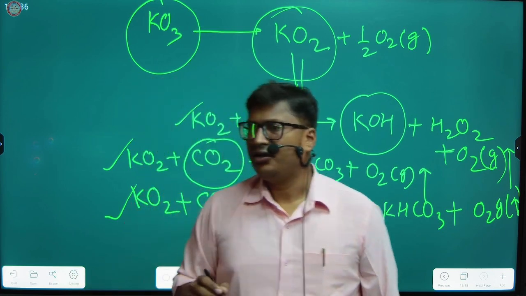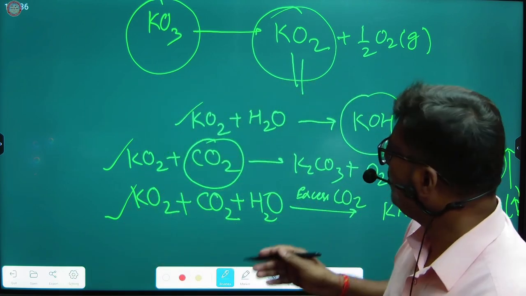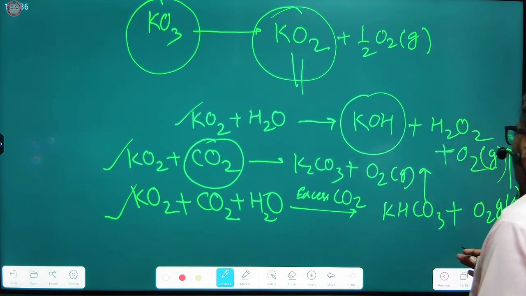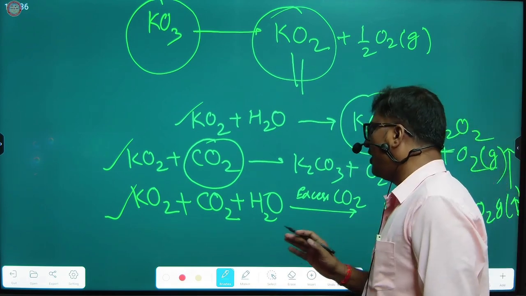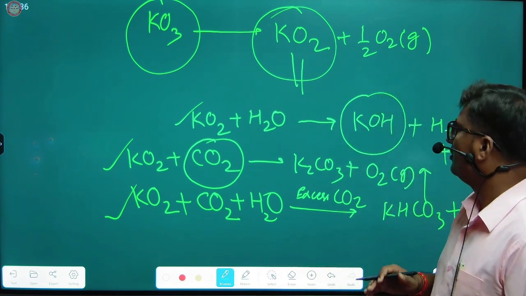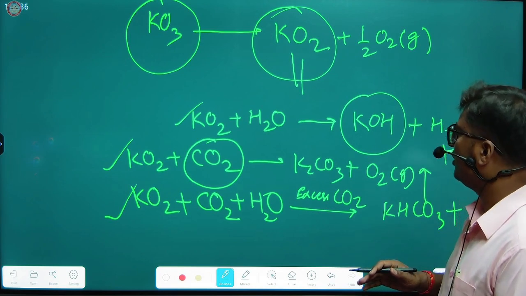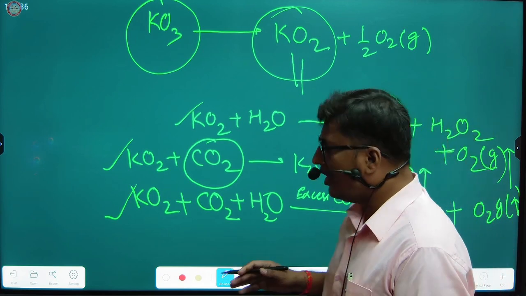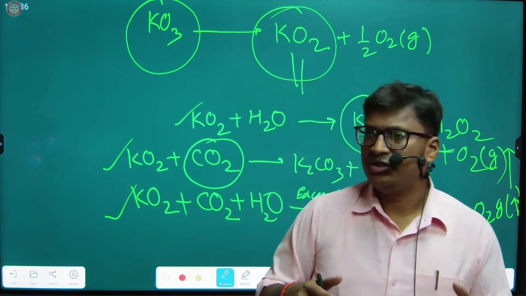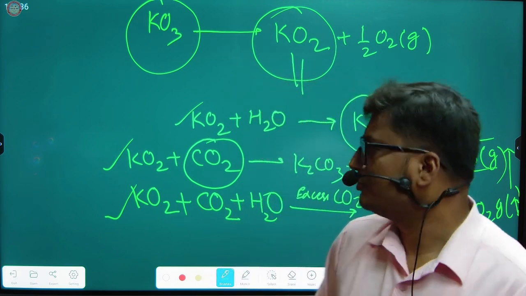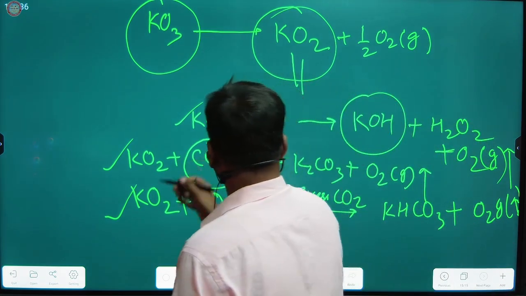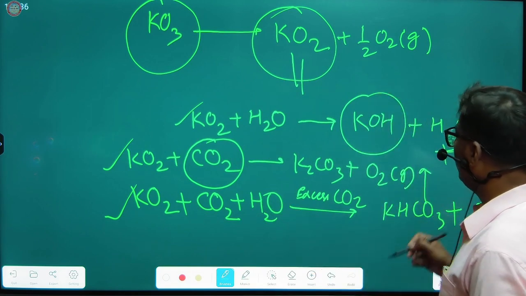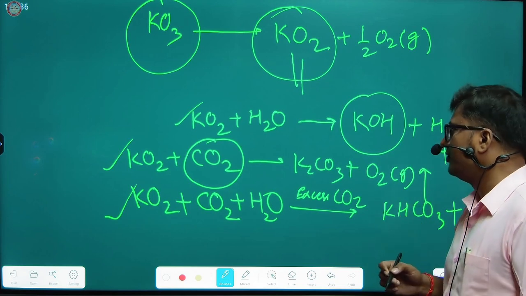So in submarine industries, and when people are trying to climb mountains, it is also kept in a cylinder to regenerate oxygen. If anyone is going underwater, they will keep potassium superoxide because this superoxide will generate oxygen to sustain life.